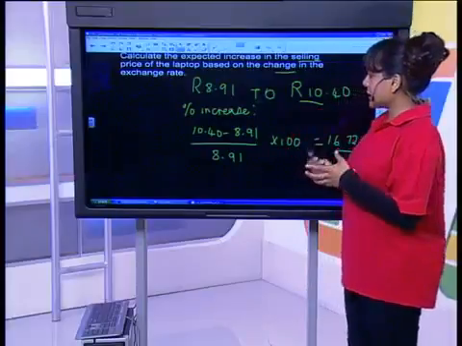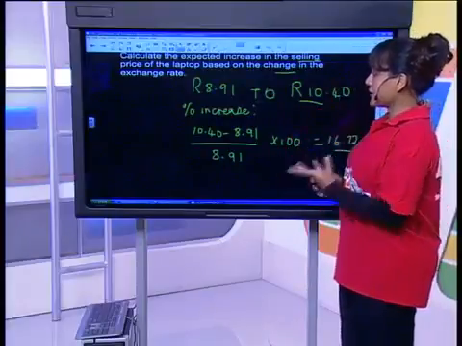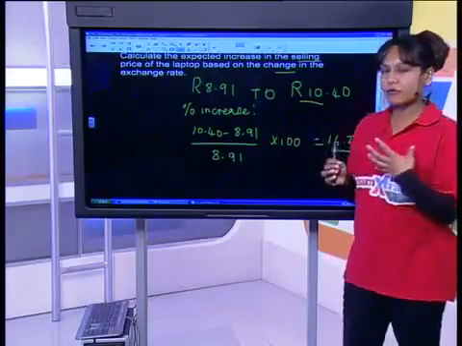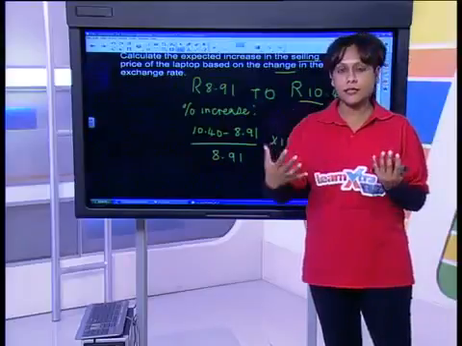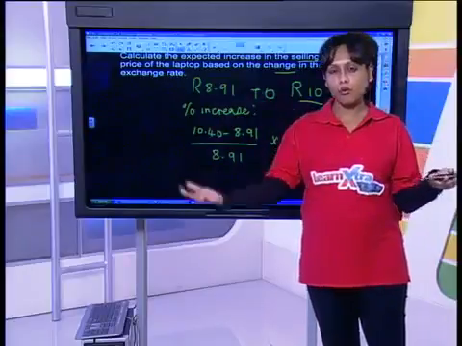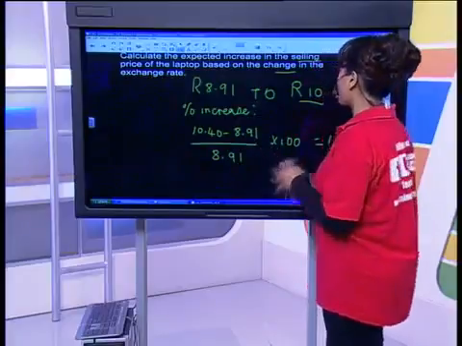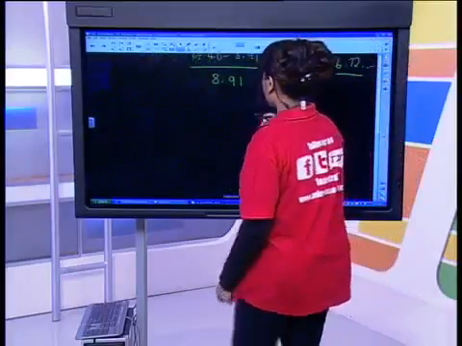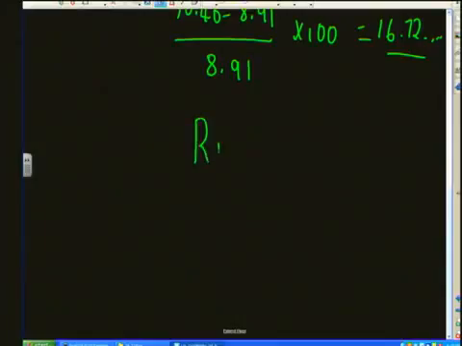So what we've said here is the Rand has weakened basically by 16.7%. So therefore, it should cost 16.7% more to buy this laptop. So how do we work out the new price of the laptop? Well, you simply take the old price, which is 11,800 Rand, and we find the percentage, 16.72% increase on 11,800 Rand.